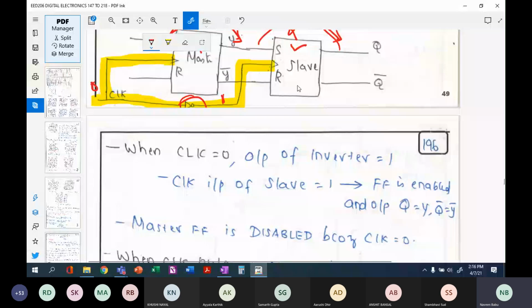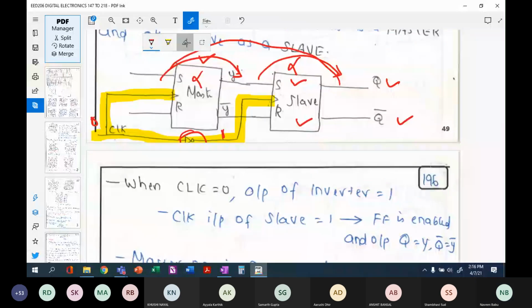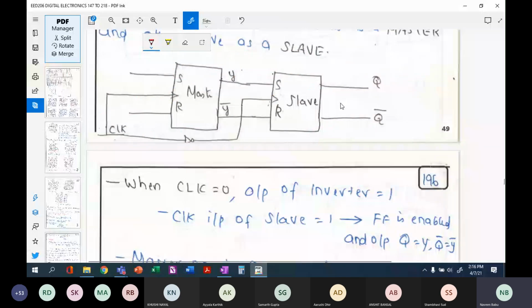In this example, this is a simple SR flip-flop. Master and slave need not be only for JK. It can be for SR flip-flop, even for T flip-flop or D flip-flop. Here an SR flip-flop has been taken. Consider that the output of the master is Y and Y bar, and the output of the slave is Q and Q bar.